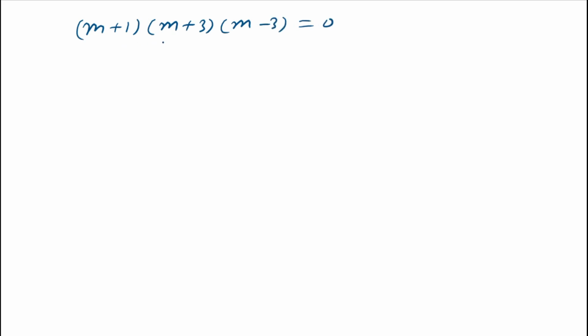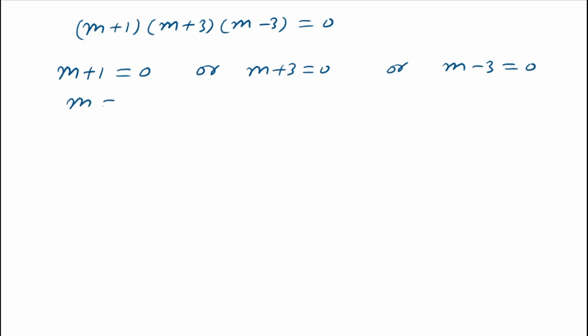In the left hand side we have 3 linear factors, and in the right hand side we have 0. So you can say m plus 1 equals 0, or m plus 3 equals 0, or m minus 3 equals 0.